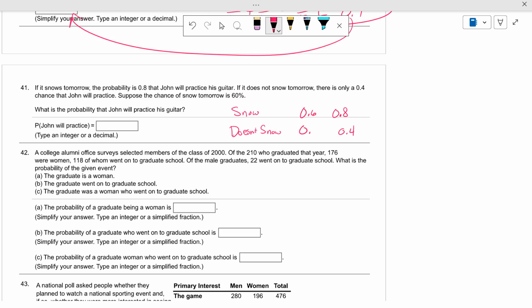So the chance it won't snow is 40%. So you multiply across. So this is 48% chance if it snows he'll practice. Or there's a 48% chance he'll practice there. And there's a 16% chance he'll practice there. If we add them up, we get a 64% chance he'll practice.